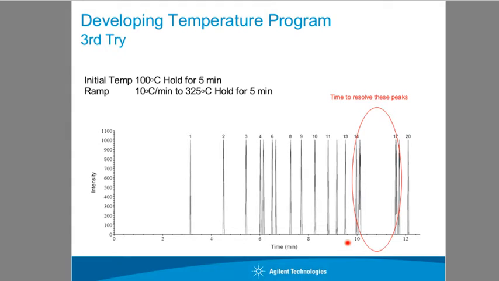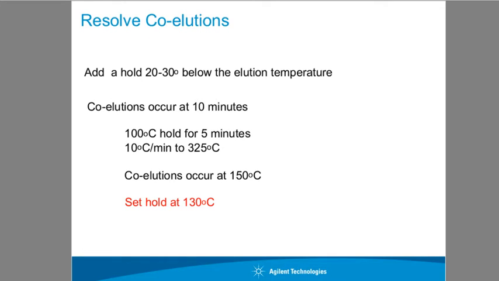Everything else up to this point looks good, but now I have to really spend more time on resolving these. So how am I going to do that? One of the best ways, or first things to try anyway, to resolve coelutions is add a hold at 20 to 30 degrees below the elution temperature of those peaks.